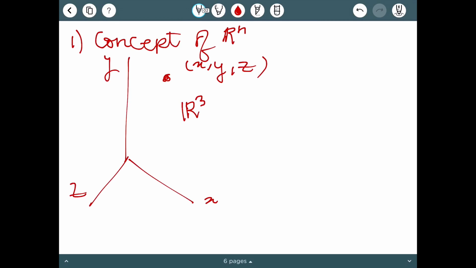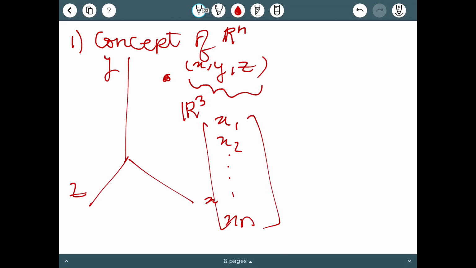So I like to think of R3 as a set. Now, similarly, you can also generalize this statement. Why should we only have three coordinates? What if each point can be described by n coordinates? Something like, say, x1, x2, up to xn.